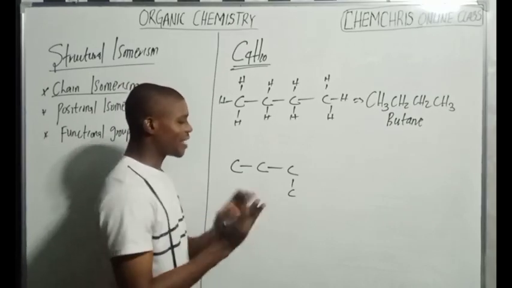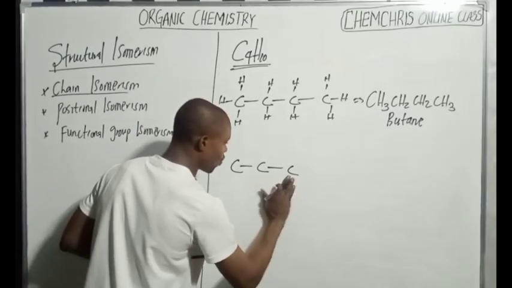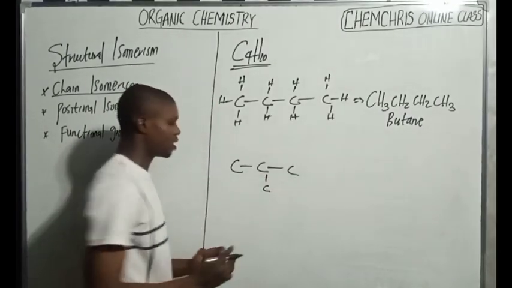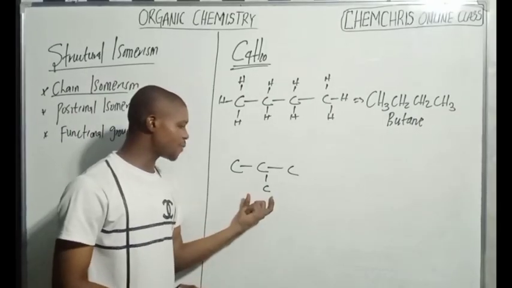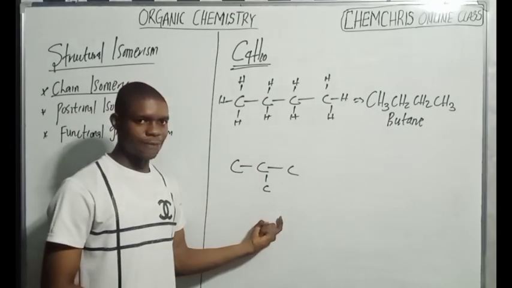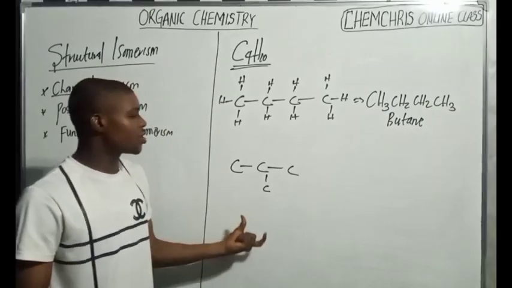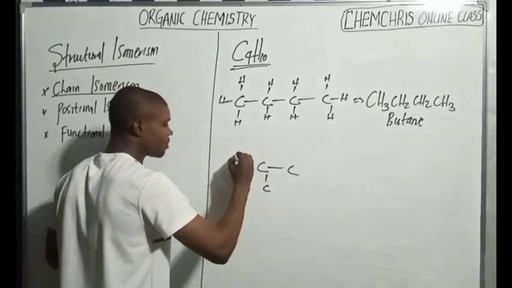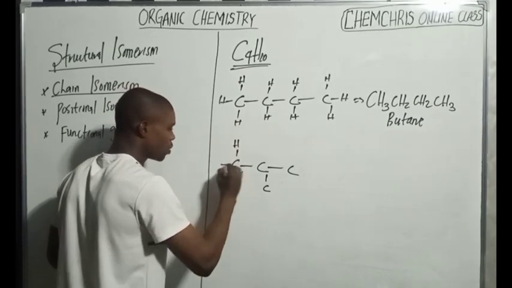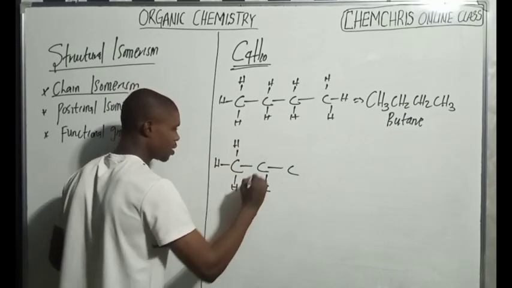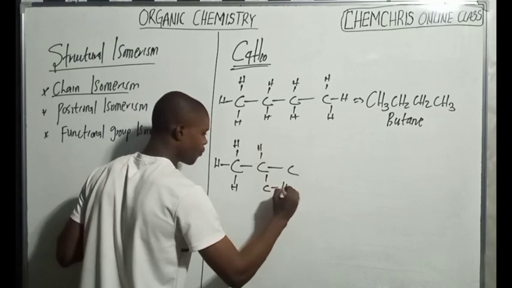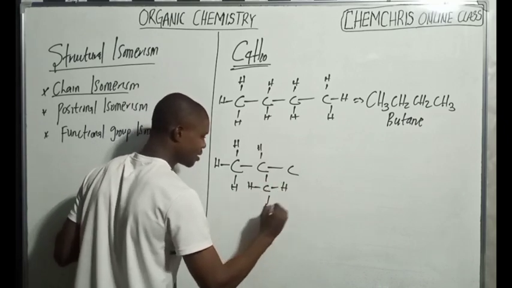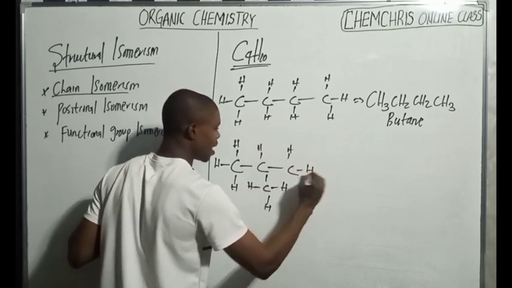The only way I can get a different structure is when I place it at this point here. If I place it at this point, it can be either up or down. So I have gotten a second structure. Now I can put my hydrogens, 1, 2, 3, 4, 5, 6, 7, 8, 9, and 10.